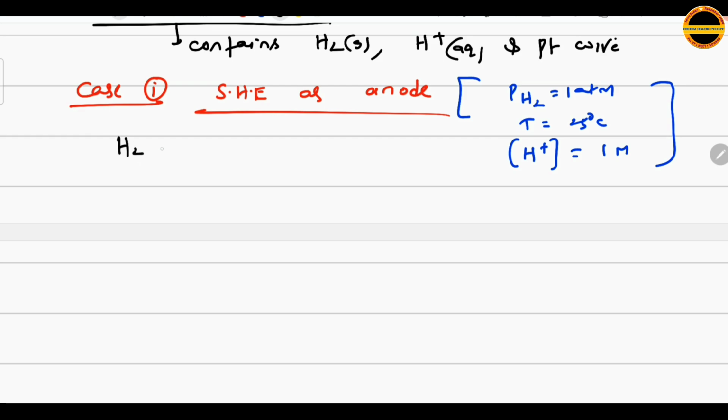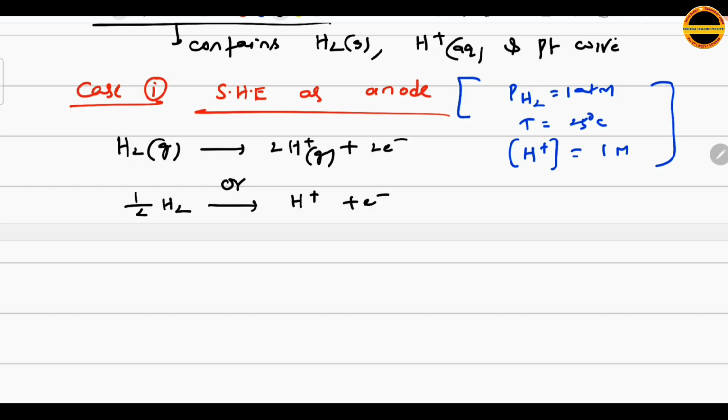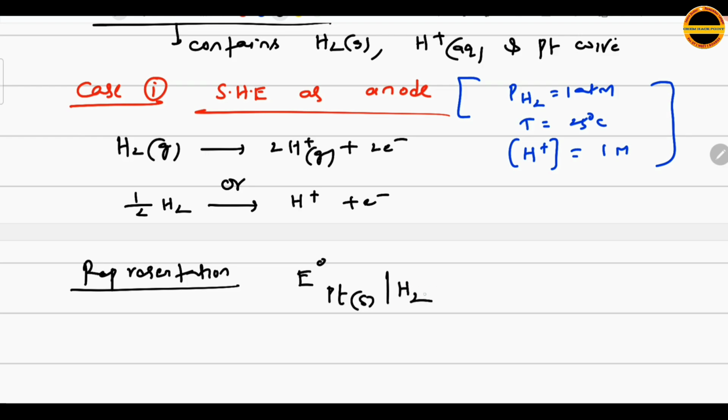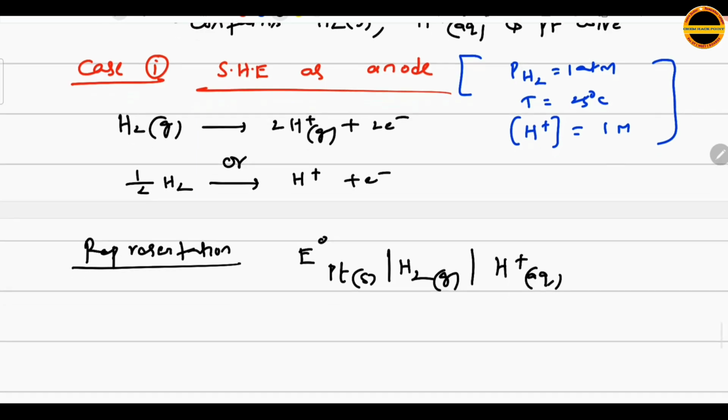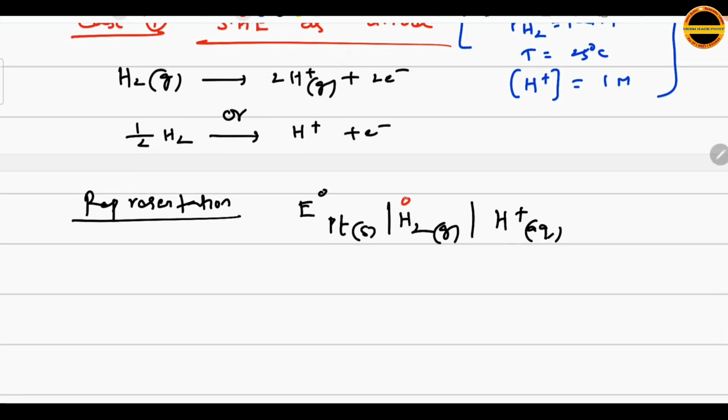You can write H2 gas giving 2H plus and 2 electrons, or even half H2 giving H plus and an electron. The representation of SHE as anode is: platinum solid, H2, and as it is the anode, oxidation occurs. H2 in zero state is converted into H plus in aqueous state, that is 0 converted into plus 1.